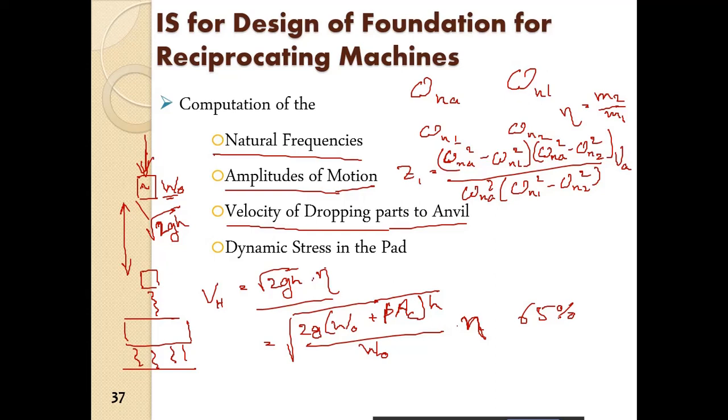When the hammer falls, there is generally a reduction in the velocity.